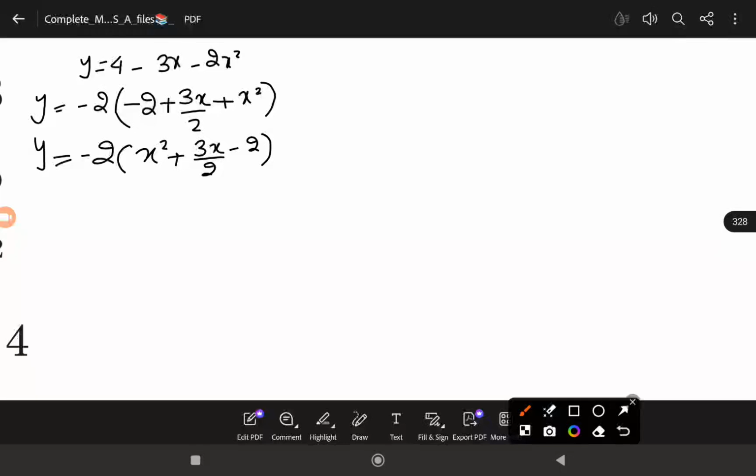According to the criteria of the completing square method, we will take the coefficient of x, which is 3 over 2 here, and divide it by 2. When we divide by 2 and convert the division sign into multiplication, the right side term will be flipped. So the answer will be 3 over 4. So we will add the square of 3 over 4 and subtract the square of 3 over 4 in the equation.